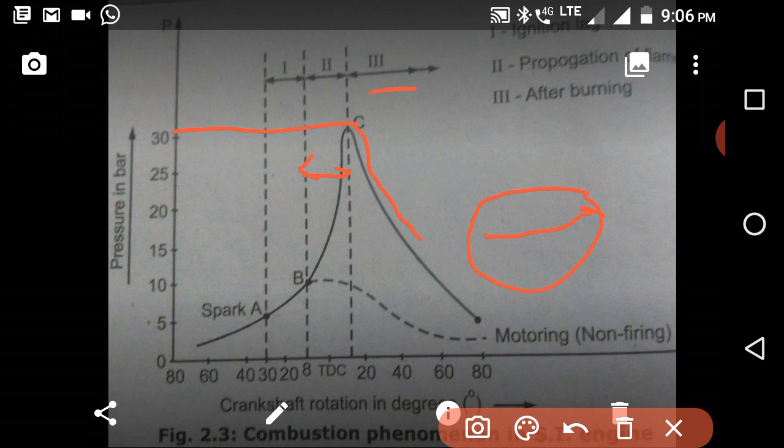We know that maximum pressure is already reached, and the flame completes its travel from one end to the other end, but some unburned fuel will be inside the combustion chamber, and that unburned fuel will burn in the after burning process, and this will occur during the earlier part of the expansion stroke. This process we are calling the after burning process.